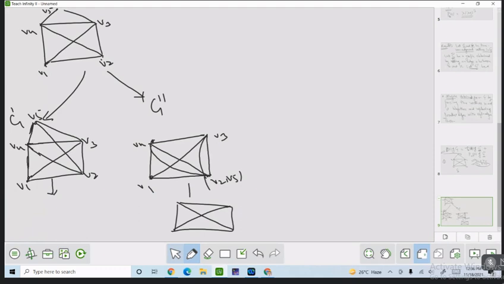Now non-adjacent vertices are V1 and V5. Okay, again we will apply the result. What will you do? This graph G prime is converted into, suppose it is G1 and again G2. What will you do in the first case?